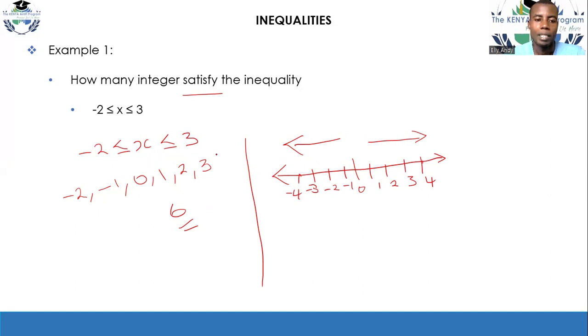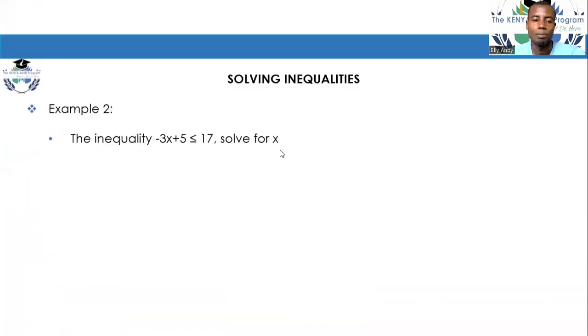We have x is greater than or equal to -2. So it starts here. Then it ends at x is less than or equal to +3, which is this here. So this line from 3 to -2 inclusive represents our inequality. So we can just count the integers here. That is 1, 2, 3, 4, 5, 6. So again, we have 6 integers that satisfy the inequality.